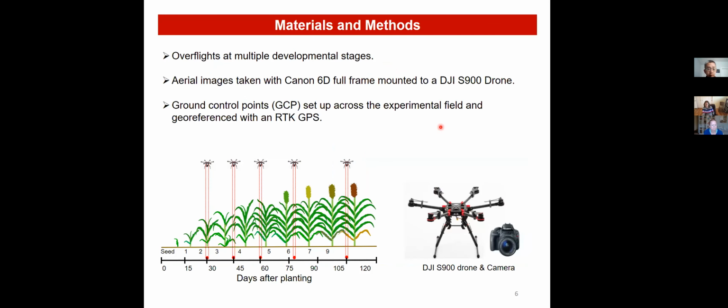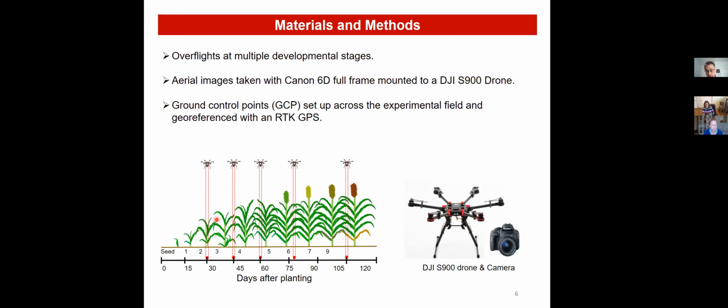So we planted this population out in the field, the RILs for 3 seasons, and the SAP in 2019 and 2021. For each growing season, we conducted overflights at multiple developmental stages, as we can see on the left bottom figure here, where we cover the entire growing season at different growth stages.